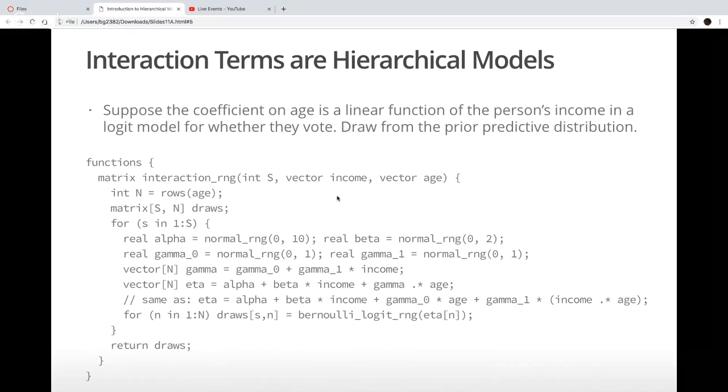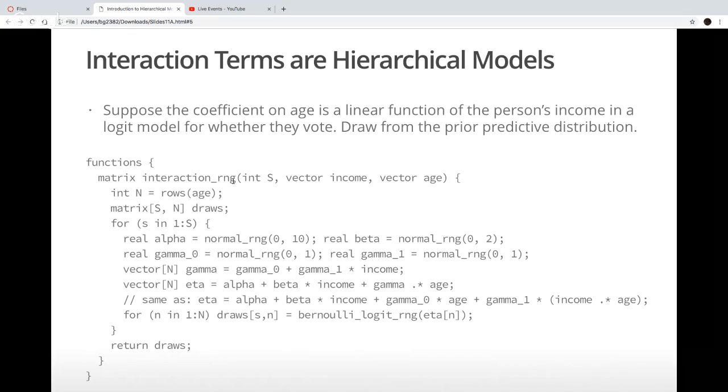But we can also represent that in an equivalent way, when drawing from the prior predictive distribution, using ideas that would be more typically associated with hierarchical models. So we're going to return a matrix of draws that's S by N: S simulations and N people, and the prior predictive values are either 0 or 1, failure or success.